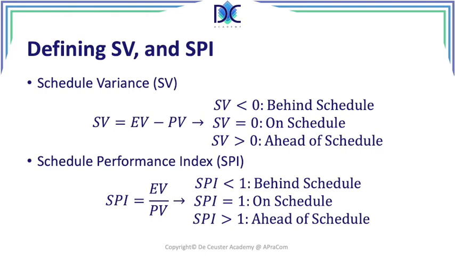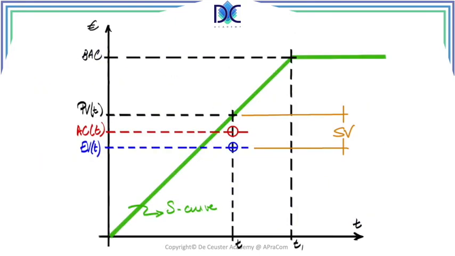So we can have this on the graph. We can see the schedule variance here, which is clearly the difference between EV and PV. I cannot put the SPI here because we cannot draw it on the graph.